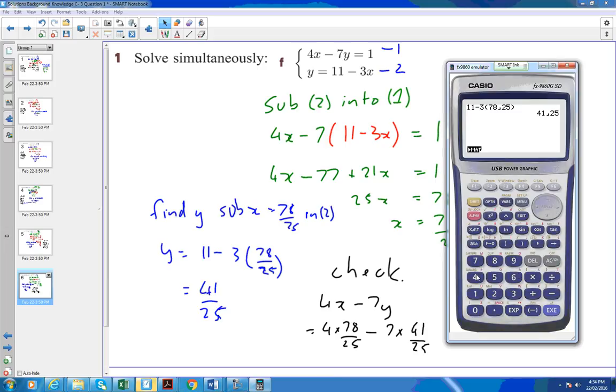So I got 4 bracket 78 over 25, close bracket, take away 7 bracket 41 over 25, close bracket, execute, equals 1, which is the answer we wanted. All done.